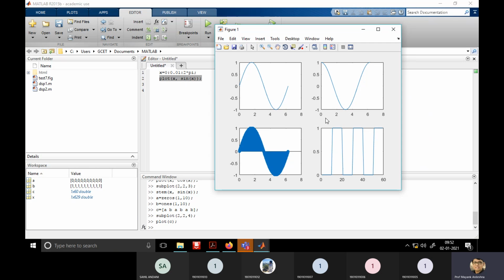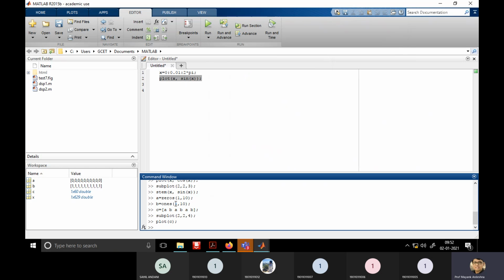Same case, suppose I'm interested to plot some kind of triangle shape. So consider p is equal to, starting value 0 going up to 5. So it will generate the range between 0 to 5. You can see in the workspace p is equal to 0, 1, 2, 3, 4, and 5, whichever interval is 1.